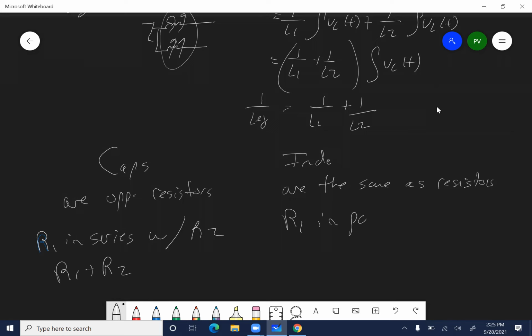R1 in parallel with R2, we have the product over the sum. So you're going to work in the opposite direction. Inductors are add them in series just like resistors, put them in parallel just like resistors. For capacitors, do the exact opposite. If they're in parallel, add them as if they were resistors in series, and if they're in series, add them as if they're in parallel.